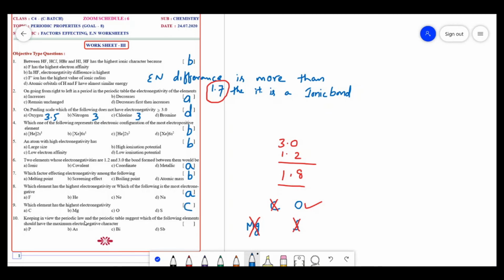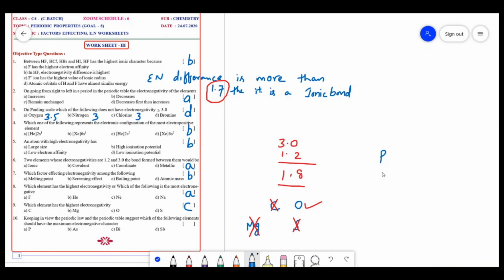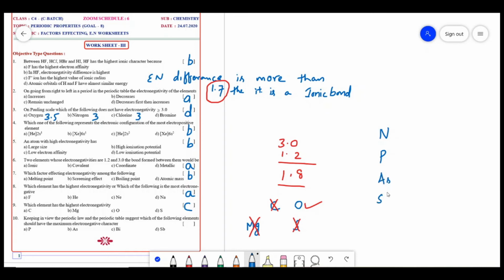Keeping in view the periodic law and the periodic table, which of the following elements should have the maximum electronegative character? Same thing, you can see in group or period. So these elements are phosphorus and arsenic. They are all fifth group elements: nitrogen, phosphorus, arsenic, antimony, bismuth.